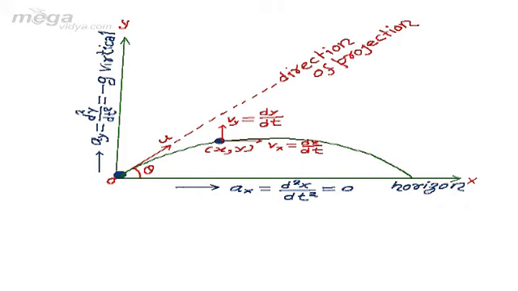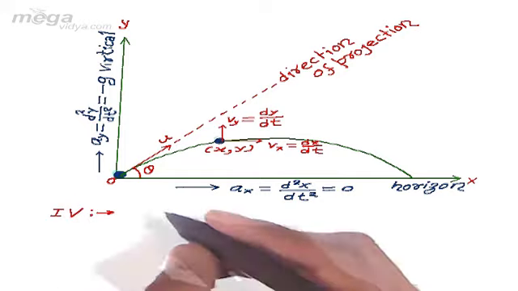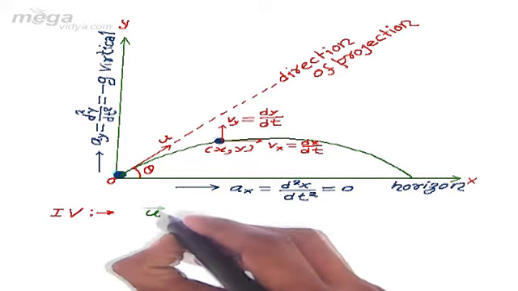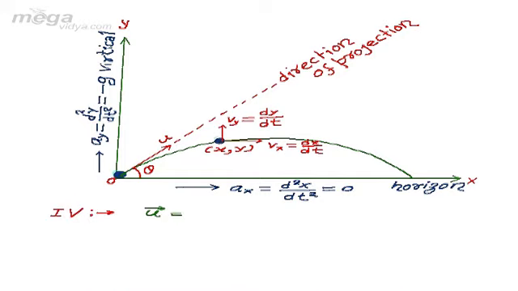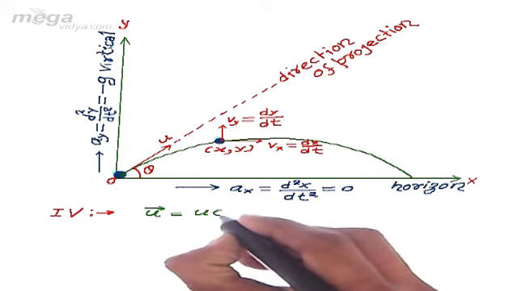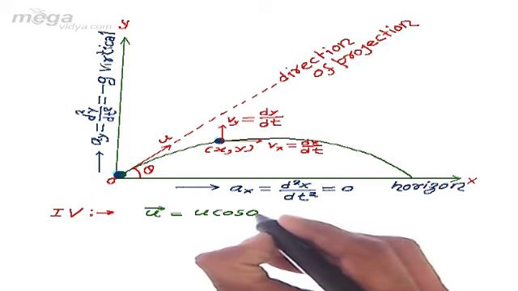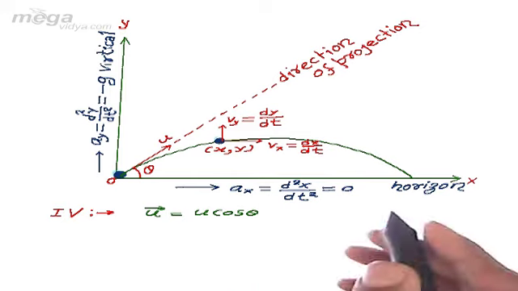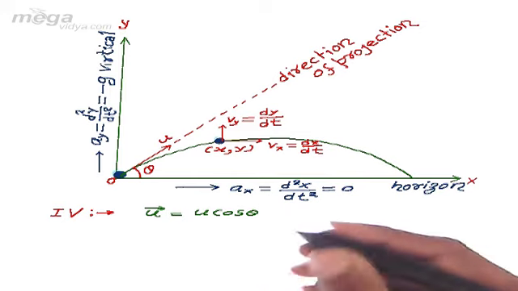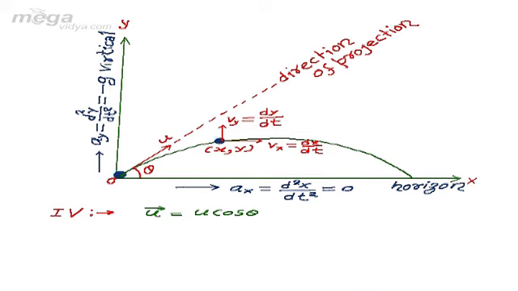If we analyze some values here in vector form, then we can write the initial velocity of this ball as a projectile. We can write its value as vector u, which is equal to u cos theta, the x component of initial velocity, times i cap, as we often use i cap to be the unit vector along the x direction.